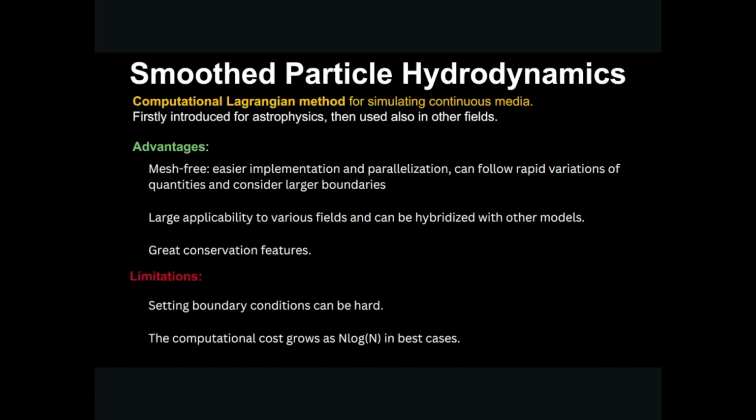Another limitation is the computational cost, which for Lagrangian-based methods is typically very high. For me, who works also with direct N-body simulations, the cost grows as N squared, where N is the number of particles, while for smoothed particle hydrodynamics it is slightly better, because the cost grows as N log N, at least in the best cases.